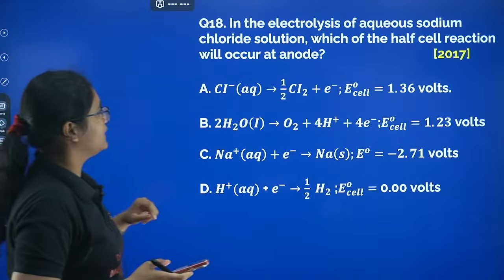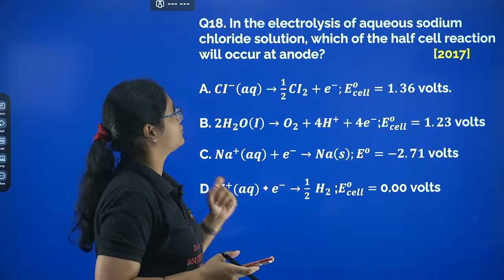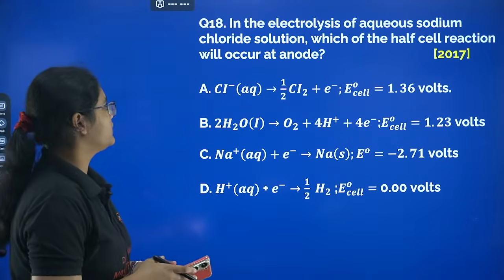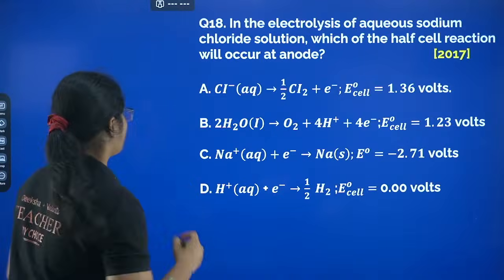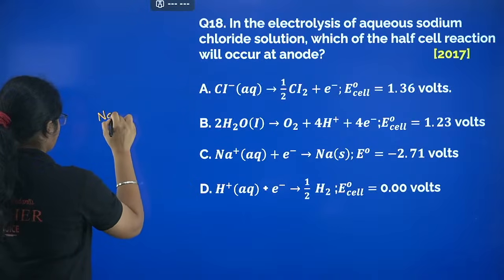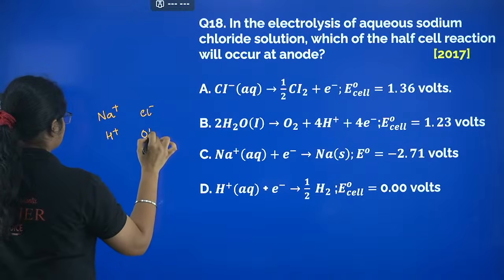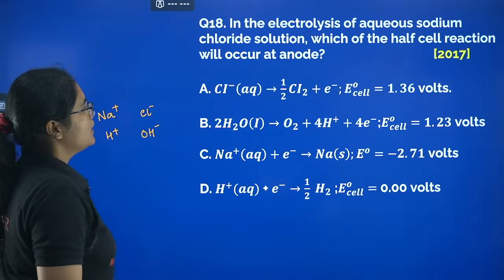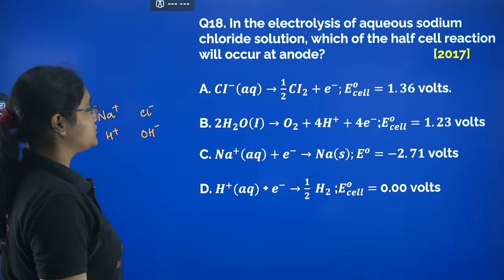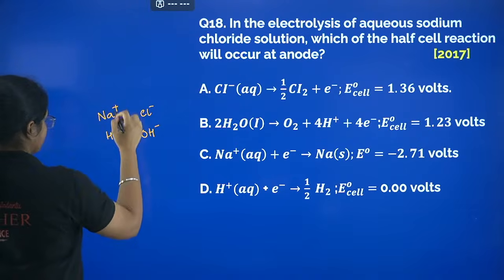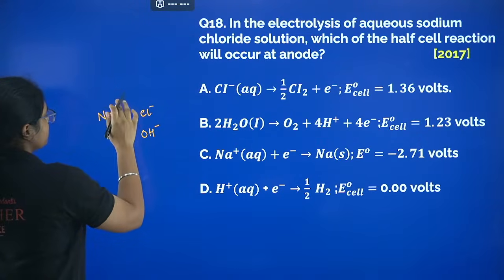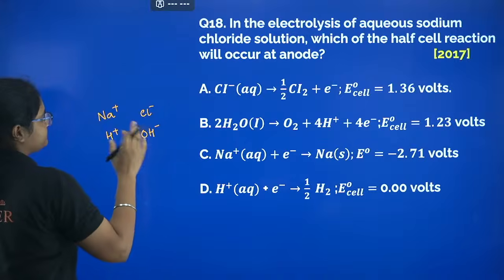Next, question number 18. In the electrolysis of aqueous sodium chloride solution, which reaction takes place at the anode? You have Na plus, Cl minus, H plus, OH minus. Half cell reaction will occur at the anode.